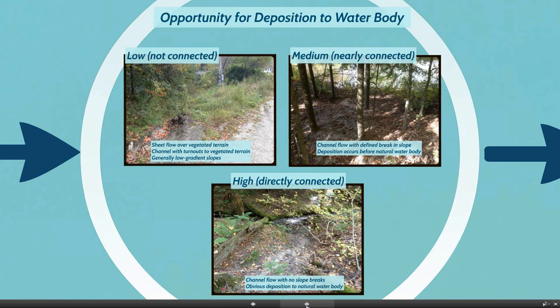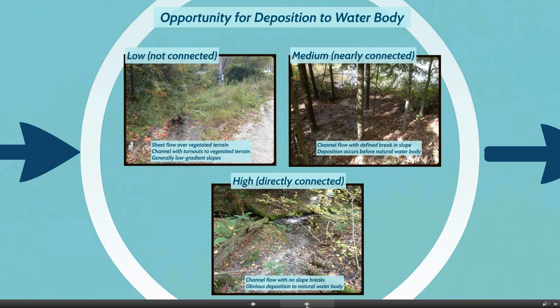Whereas a high site, and I think you know a high site when you see it after you do enough of these and you get calibrated, is really where pretty much every rainstorm there's a direct discharge, and you can see a visual indicator of a sediment plume within the stream.